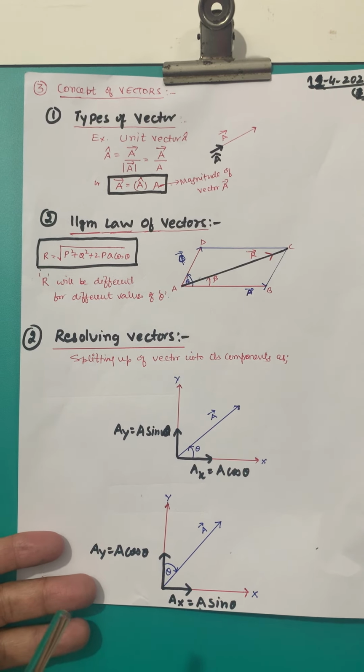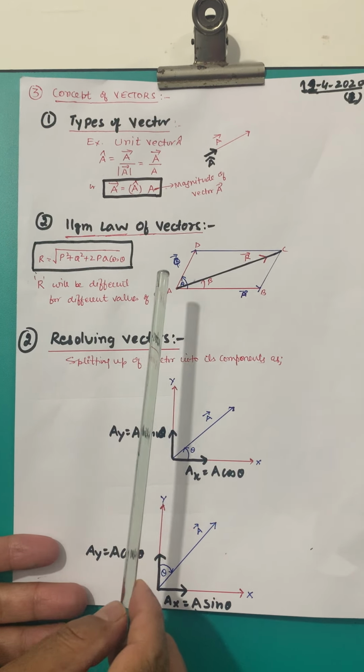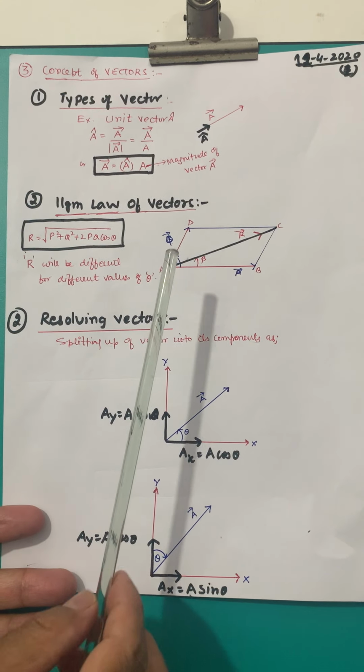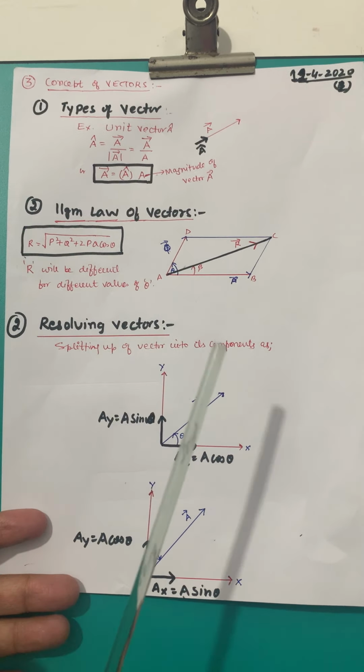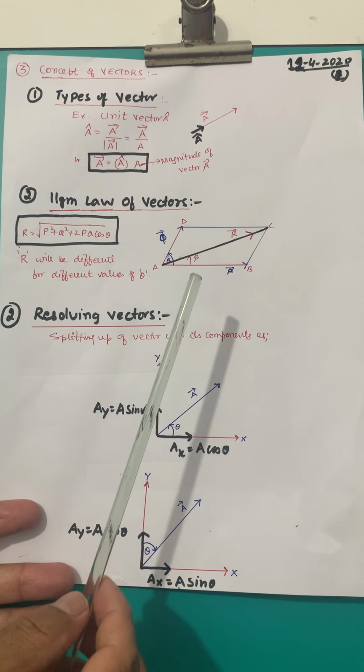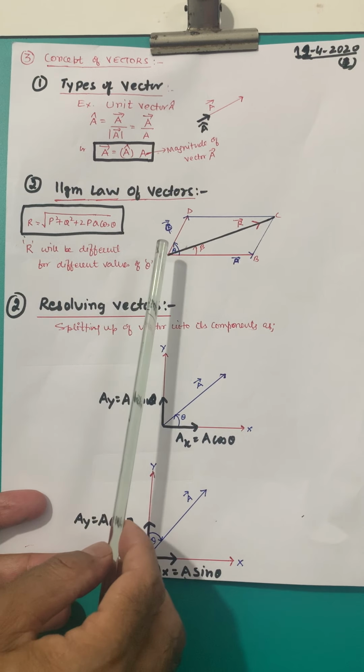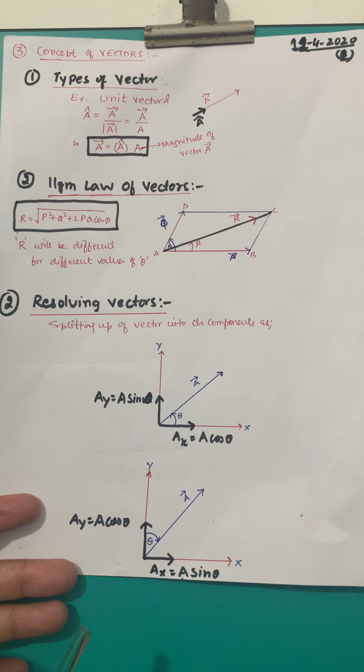Another important topic which will be very useful in your plus 2 physics: the parallelogram law of vectors. The definition will be clear to everybody. If two vectors are represented by two adjacent sides of a parallelogram, then the resultant is given by their diagonal in magnitude and direction.